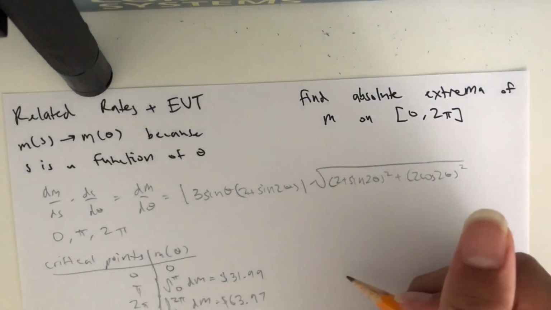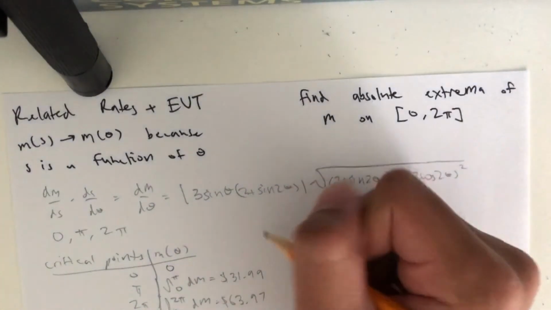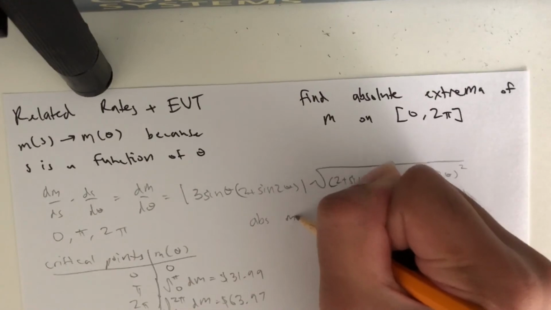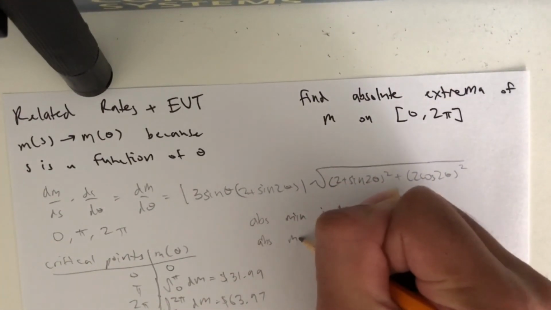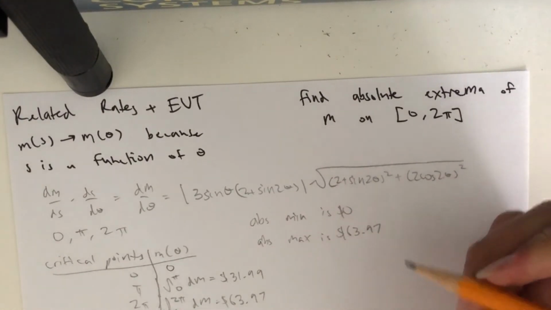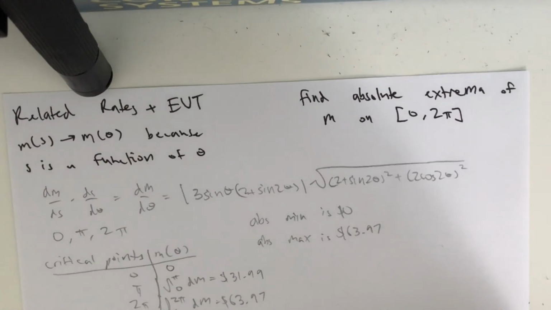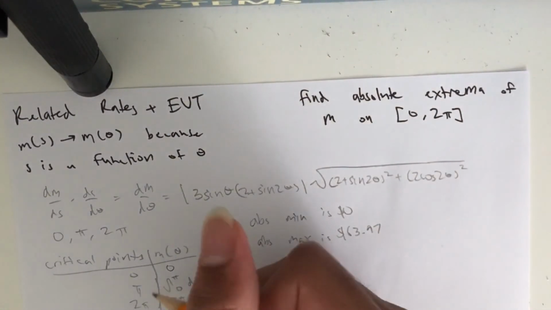Now we've completed the first derivative test using this table as a justification. We can say that the absolute min is 0 and the absolute max is $63.97.